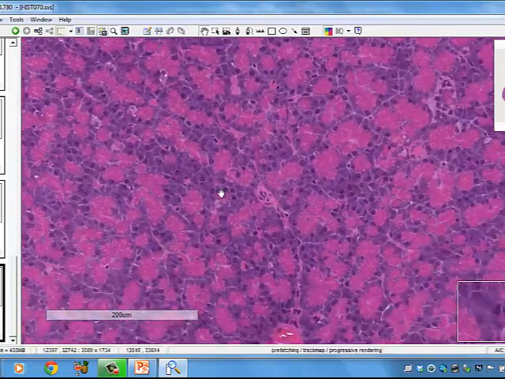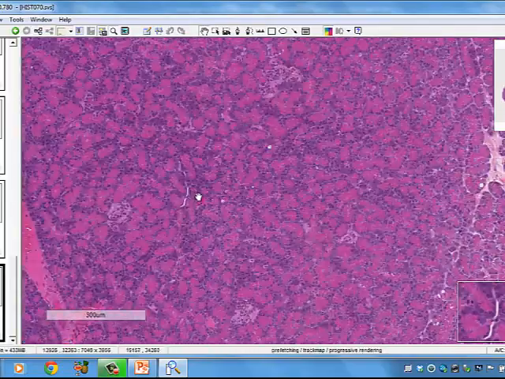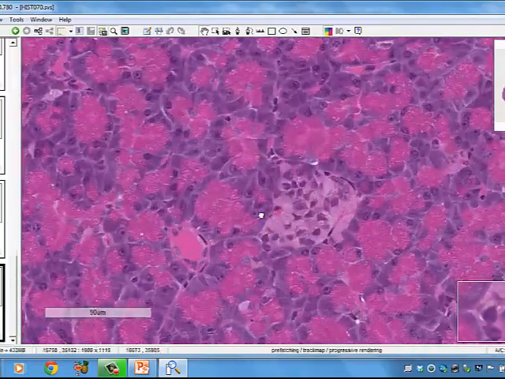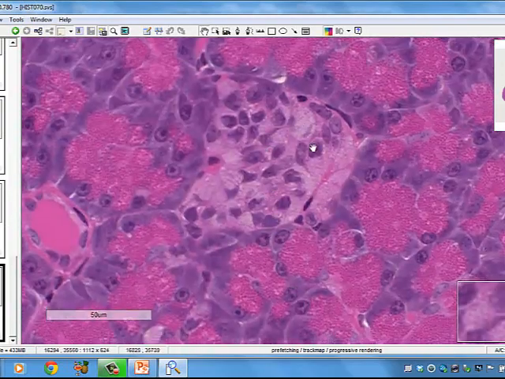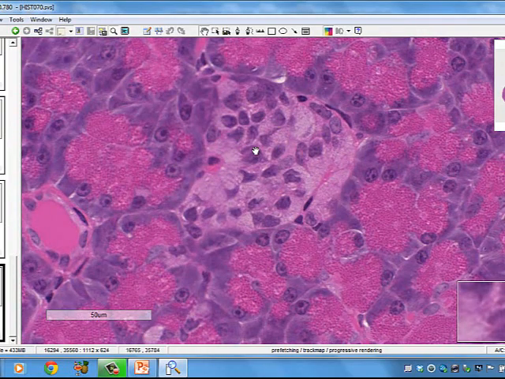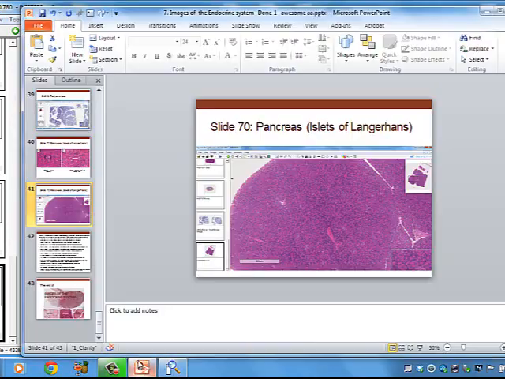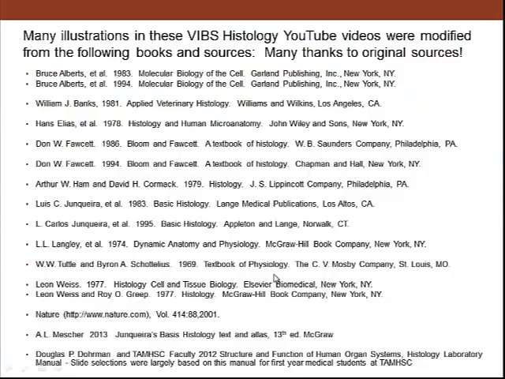So those are the islets of Langerhans that we can see there, with the alpha and beta cells located there in the center. So that's pretty much what we have, the pancreas.